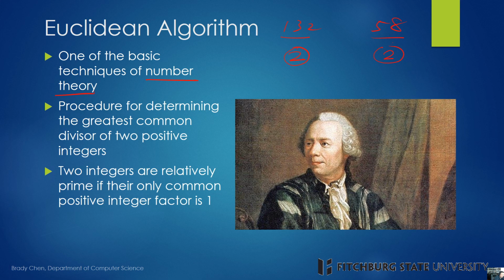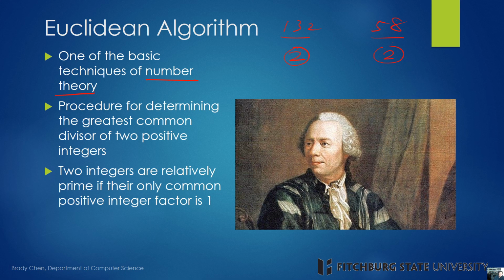We may be able to find more common divisors. In order to find the greatest common divisor, it is a common divisor that divides both numbers, but it's the greatest one, the largest one. Typically, you need to find all the divisors for 132, and all the divisors for 58, and then compare the two lists and find the largest common one.